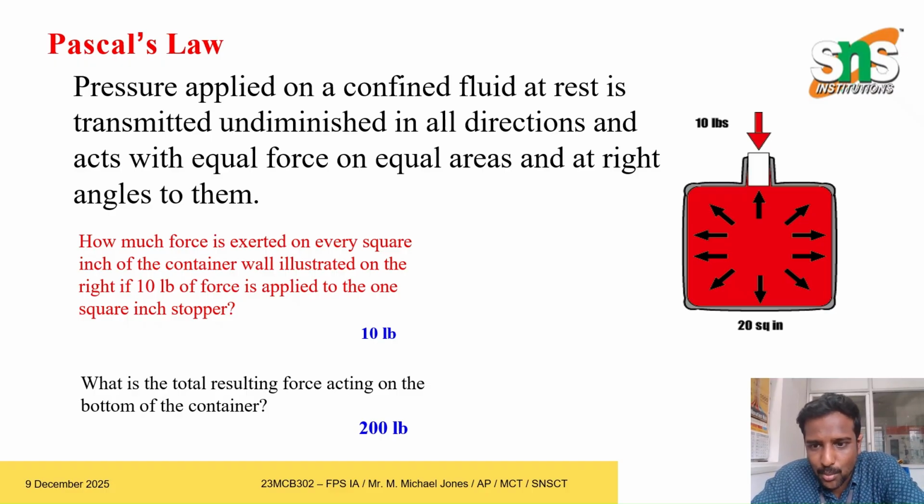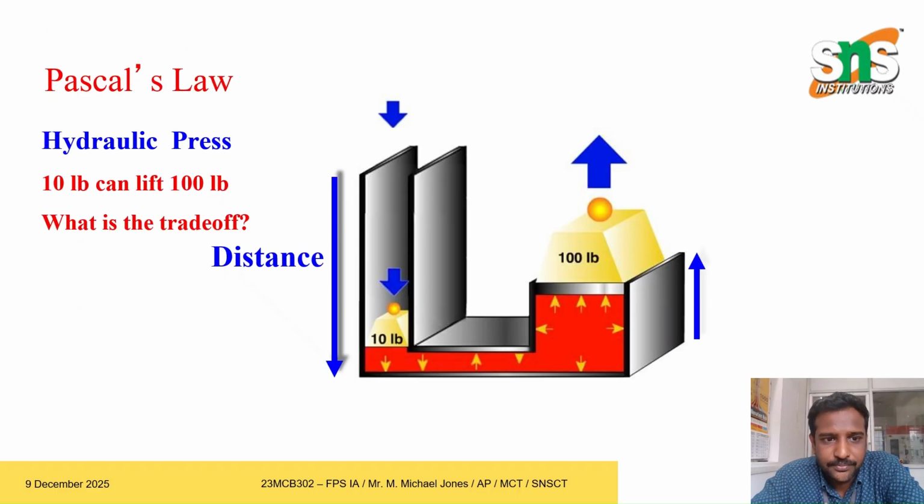You can see the arrow marks in the container. The power will be transmitted equally in all directions and at right angles to the surfaces, so it will be mutually perpendicular.